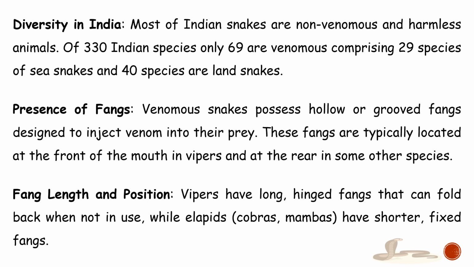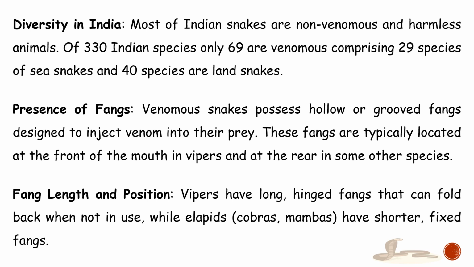Venomous snakes have a venomous apparatus, that is, very long, hollow, grooved fangs, which are designed especially to inject venom into the prey's body. These fangs are typically located at the front of the mouth in vipers, because the position of the fangs varies from snake to snake.